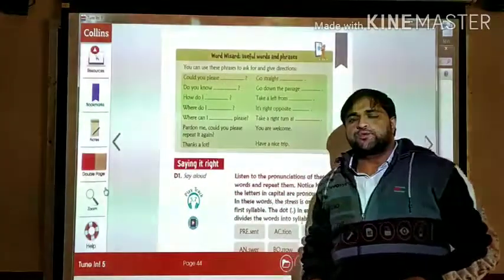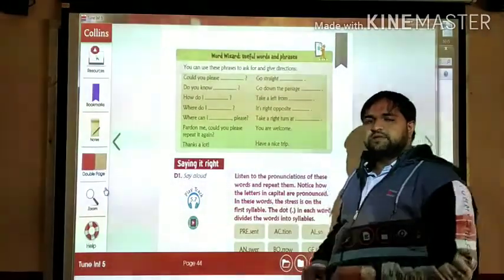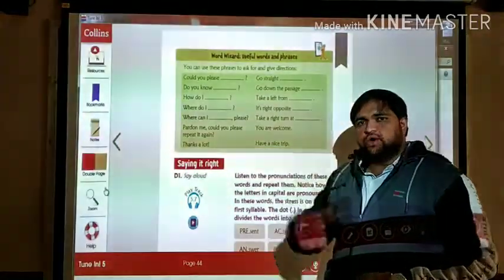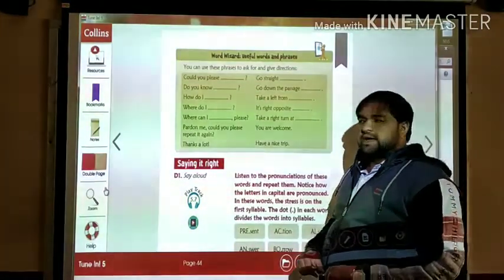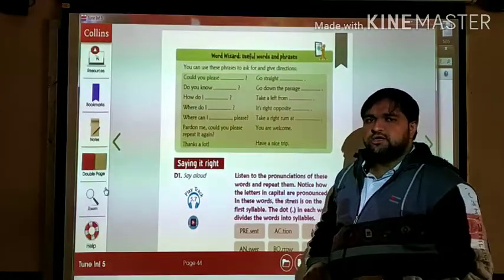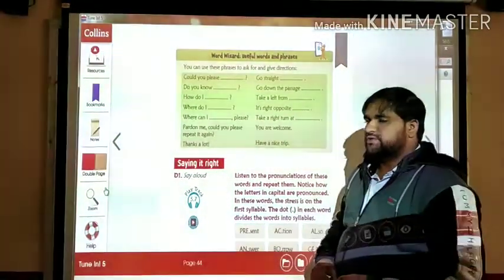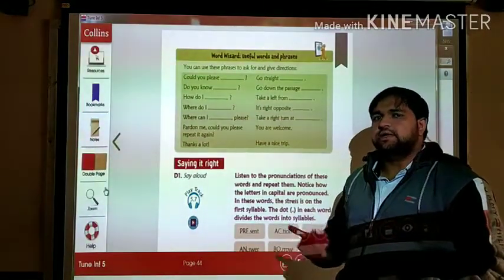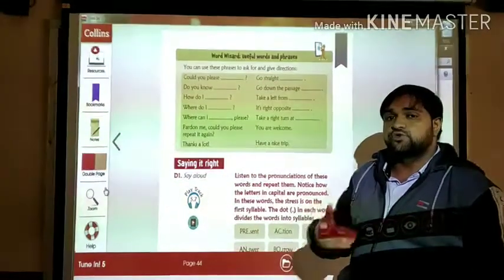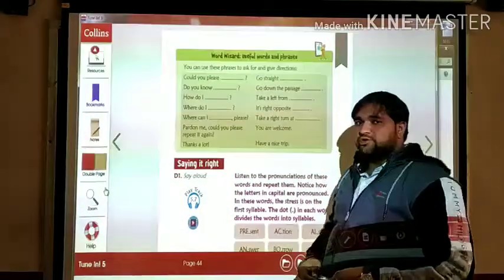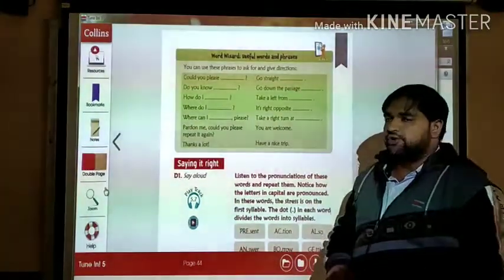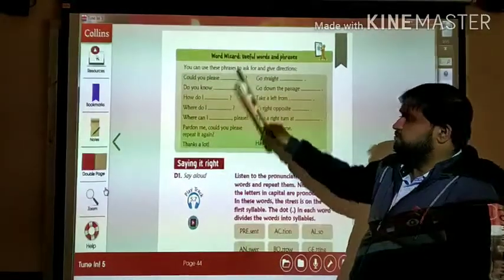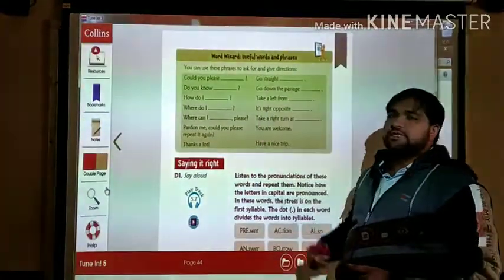So friends, I hope you have listened to the conversation between Raghav and the officer at the airport, and you will have to play the role of Raghav and that officer. So how to ask something, how to give directions, how to give an answer, that also you understood from that audio. Now we have this Word Wizard, meaning useful words and phrases.